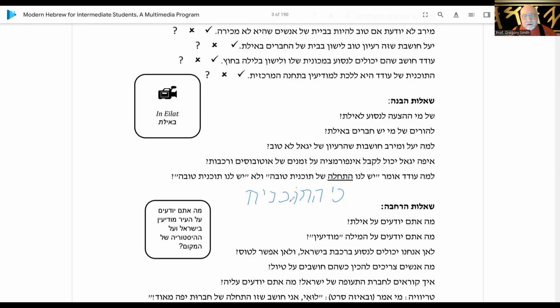That's the answer, because the plan, tokanit, lo, because it's not what? And the word for complete is hoshlema. Okay, so hoshlema. So ki hatokanit. So because the plan lo is not hoshlema, complete, because it's not complete.